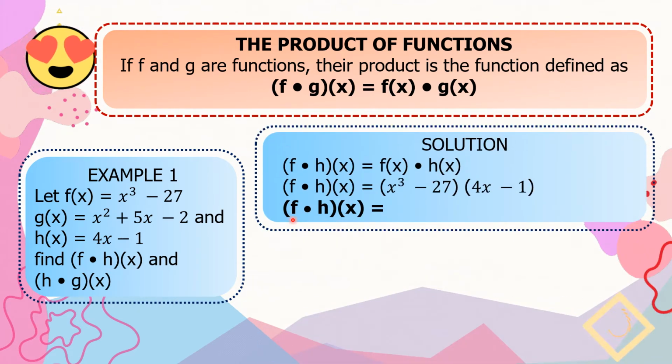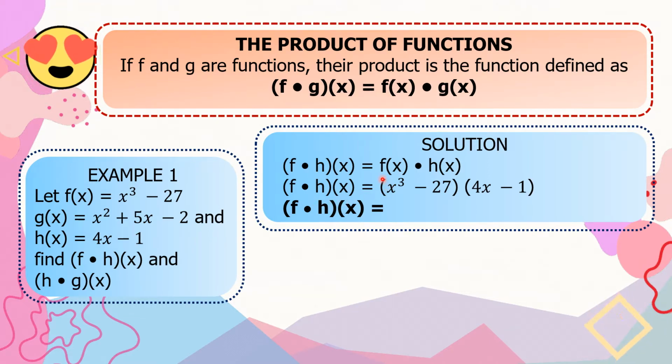So, for the solution, syempre kailangan nating isulat or ilagay yung ating formula. F times h of x is equal to f of x times h of x. Sulat natin ulit ang f times h of x.